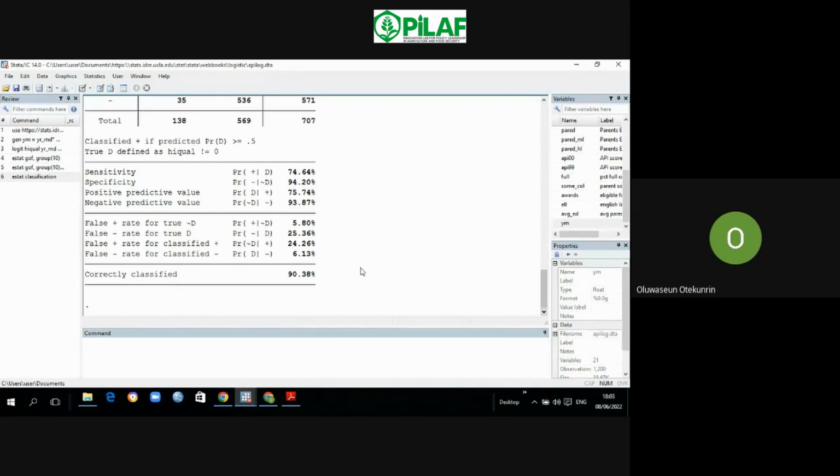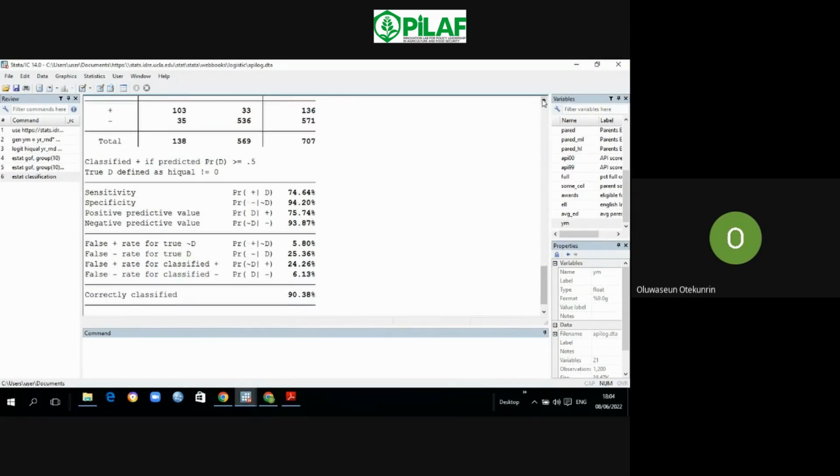And if you check your values, you will see that there will be problems with that cell B and that cell C. That is why we said that if you have that table and you see issues, your cell B and your cell C should not be very, very high.